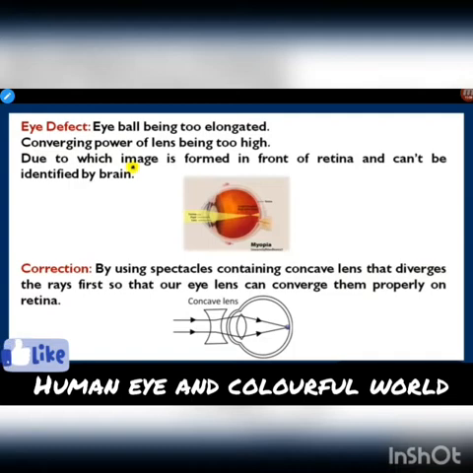Now how can you correct it? By using spectacles or glasses which contain a concave lens that diverges the rays first, so that our eye lens can converge them properly on the retina.